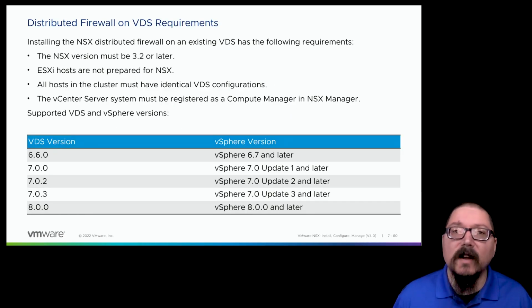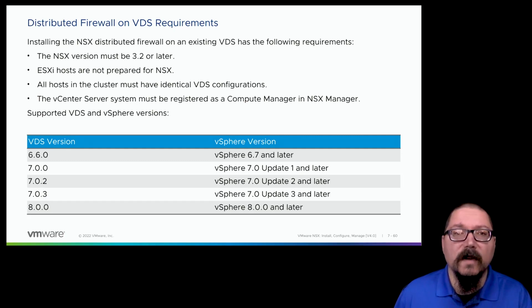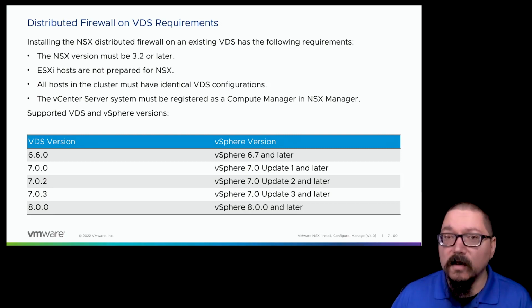Now, that does require that my distributed switch version is at least version 6.6, which was introduced with vSphere 6.7. So I need at least that version of the distributed switch. NSX must be version 3.2 or later, and here we are talking about NSX 4, so that counts.